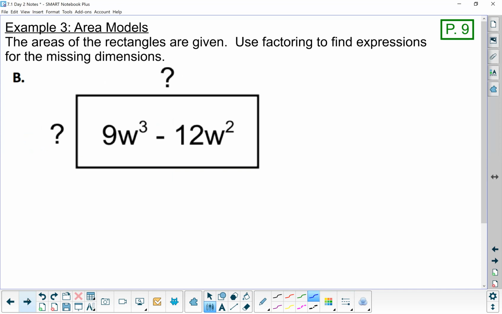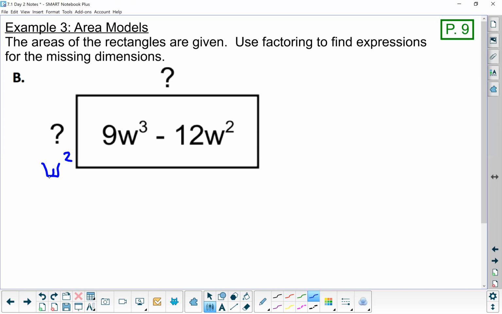Is there going to be a w in my greatest common factor? Yes. W to what power? W to the second power.